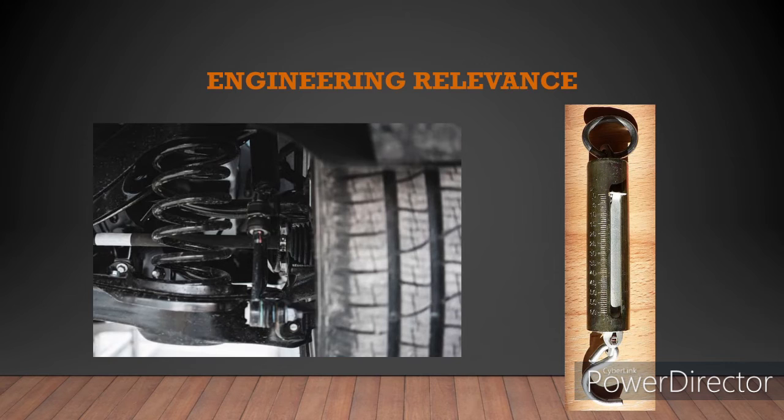When springs begin to fail, it's usually caused by constant overloading, excessive use, or just a general breakdown of the metal. Springs will also rust out, especially on cold days because of the salty roads during the winter. Another tool is the spring scale. A spring scale is a type of mechanical force gauge or weighing scale.